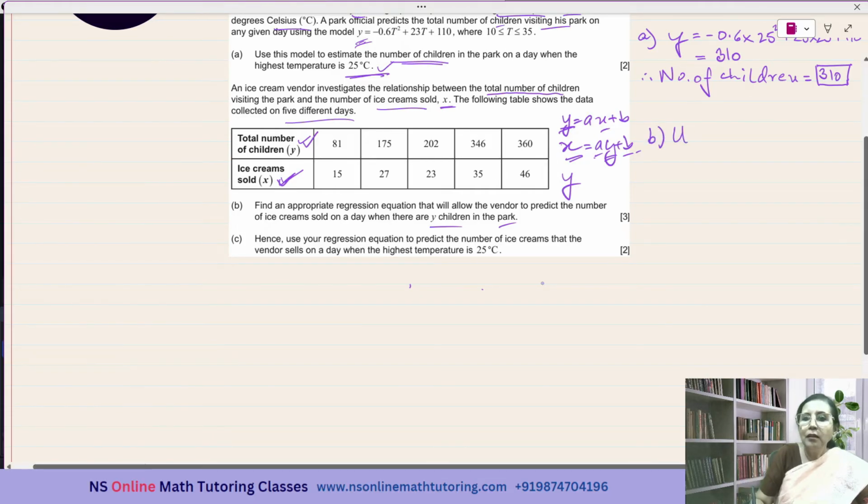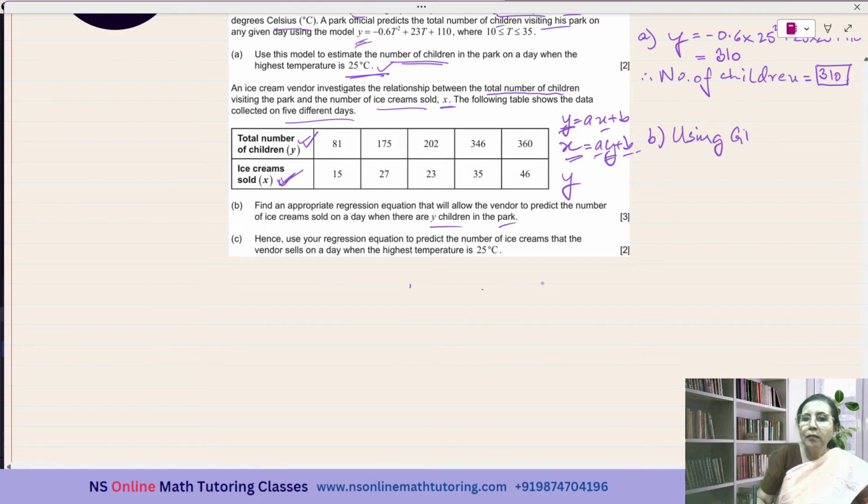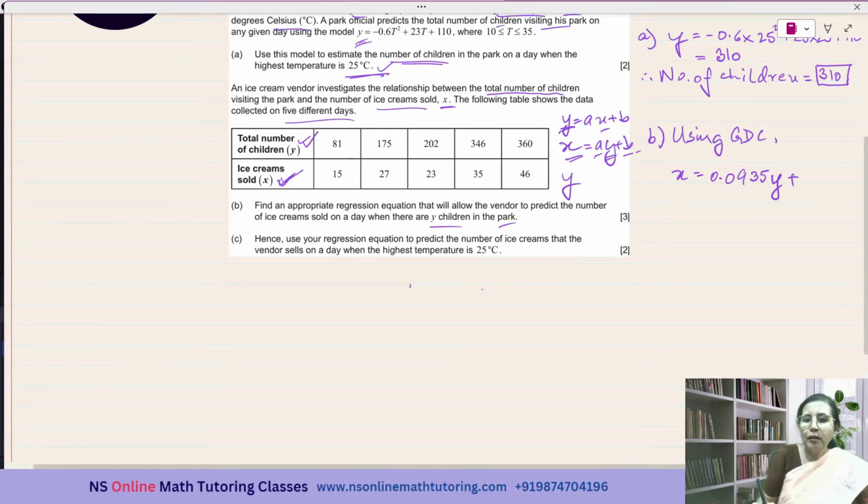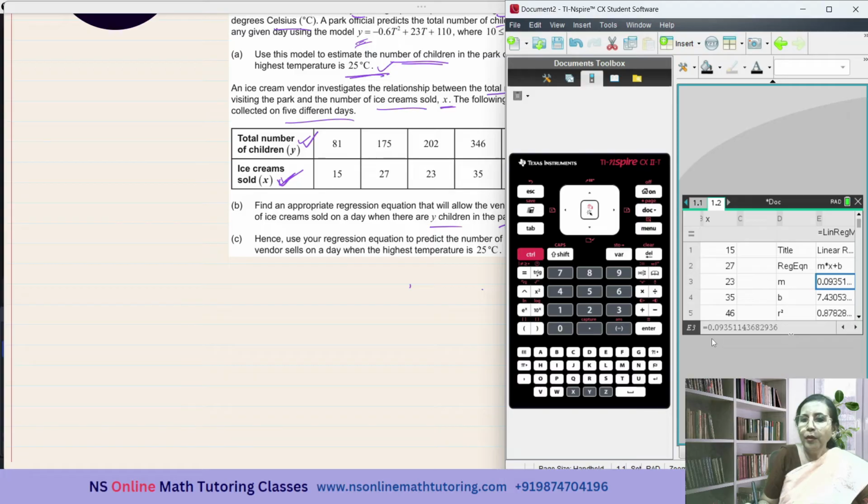Using GDC, we have x equal to 0.0935 y plus b.